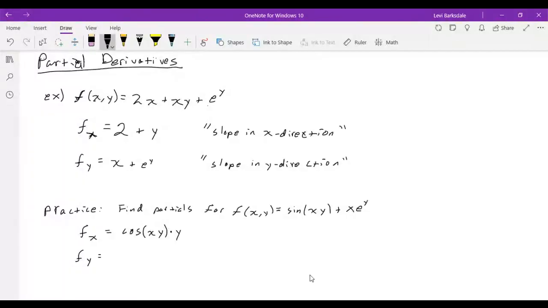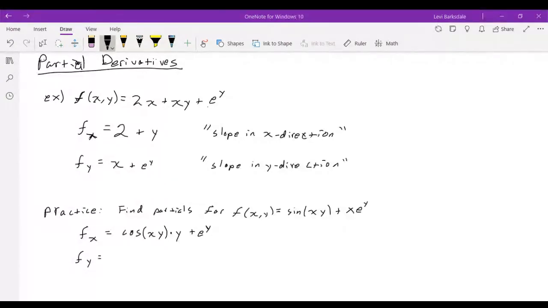Next, derivative of x e to the y. We can just treat the e to the y like a constant. So derivative of x times e to the y would be 1 times e to the y. We don't actually want to use the product rule here because there's only one term in here with an x. So our x derivative would just be cosine of xy times y plus e to the y. So you're close, but not quite.